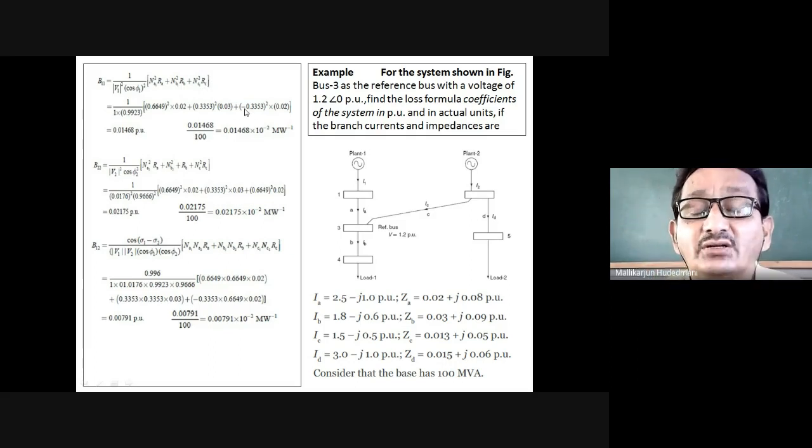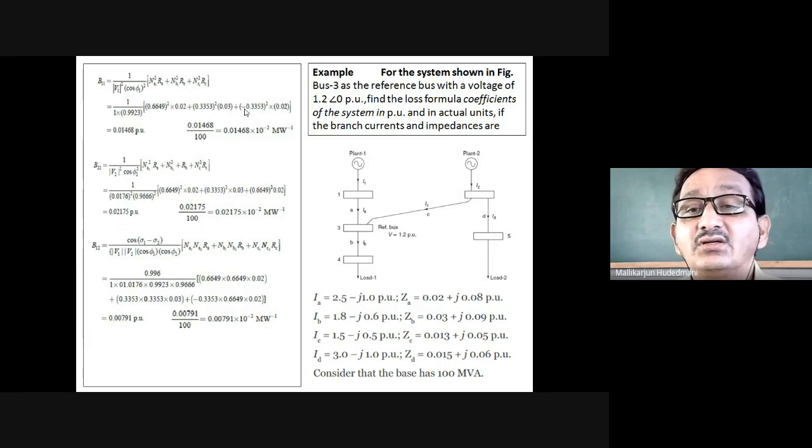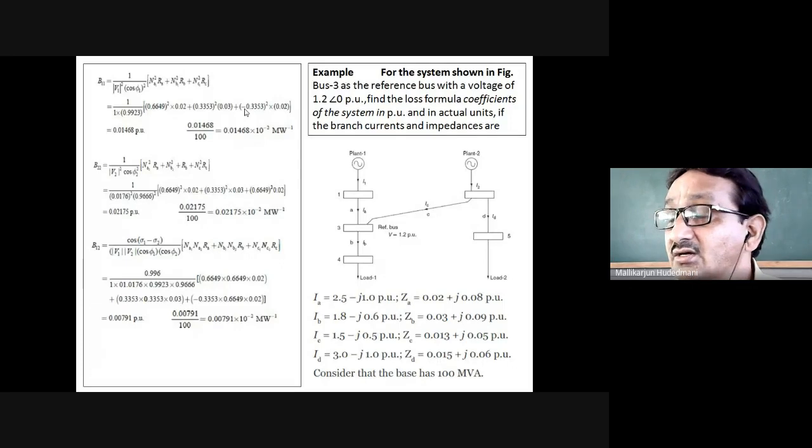This was a summation. You recall the derivation: there was a summation block, summation of NK RK. When we expand that K, it covers the number of branches, and that many products of the term N into R result.